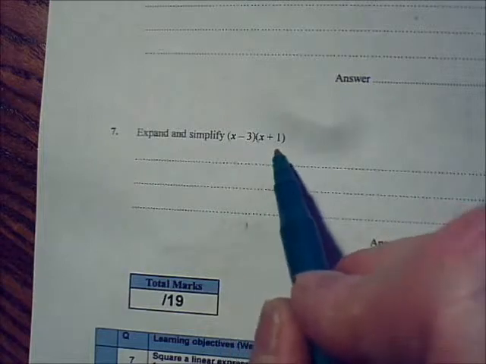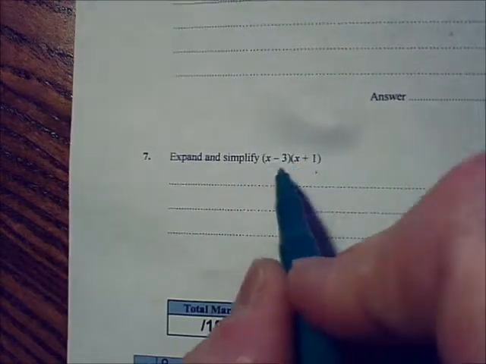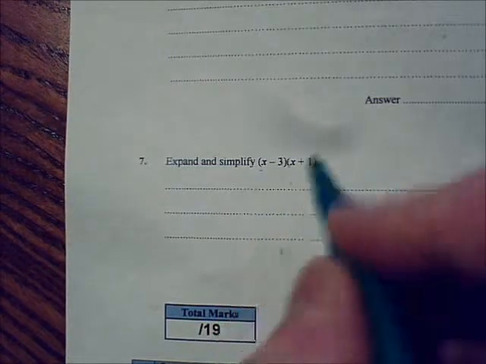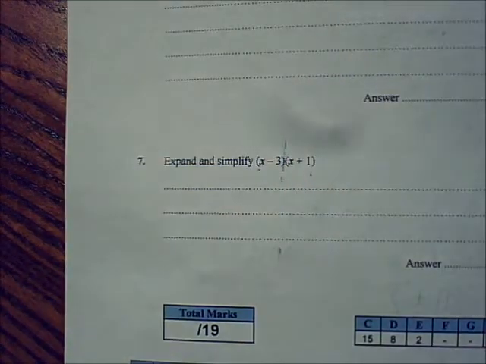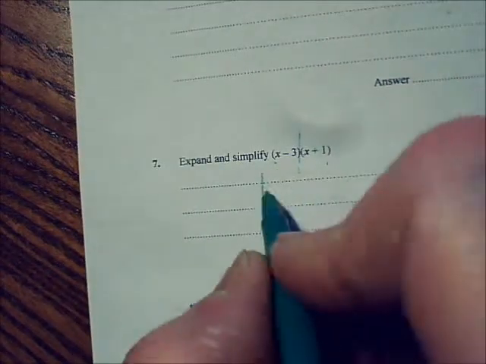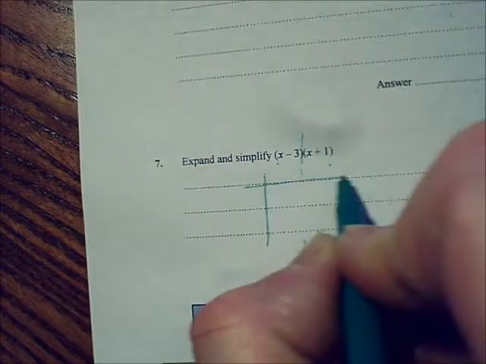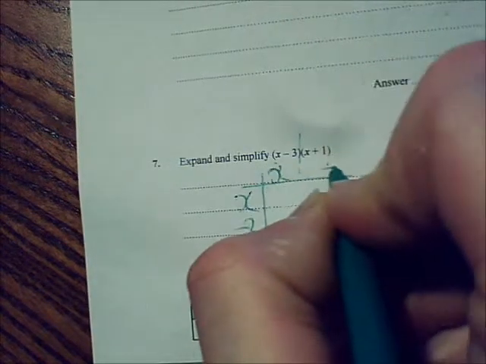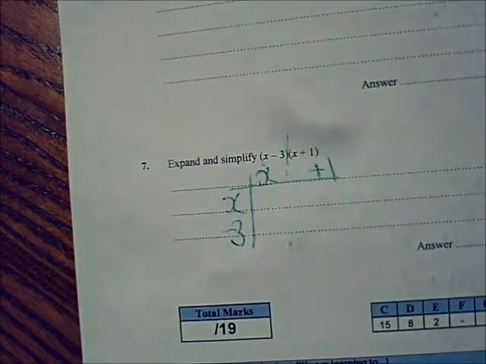Couple of ways of looking at this question. You're timesing two numbers together, but we don't know at this stage what those two numbers are. There are a number of ways of doing it, and the one you were most confident with was this one, the grid method.